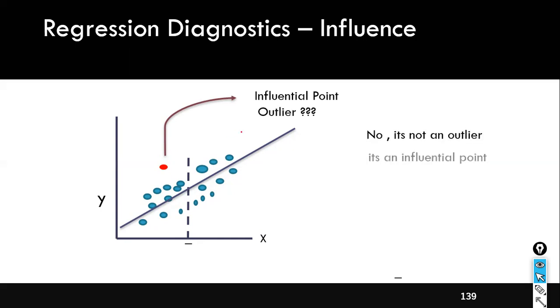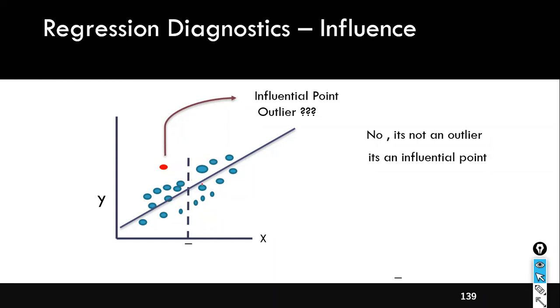It is not an outlier. It is an influential point. This value is not too far off from these values, but it can still have an influence on this trend. It can pull this line a little bit up. So though it is not an outlier, it is an influential point.